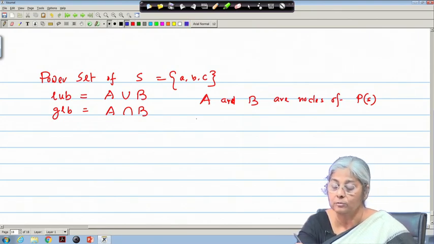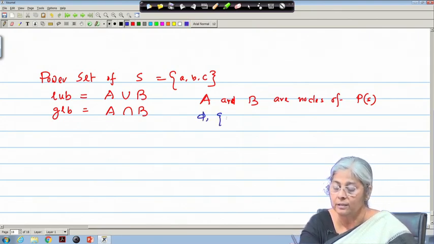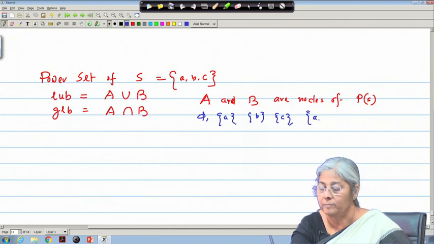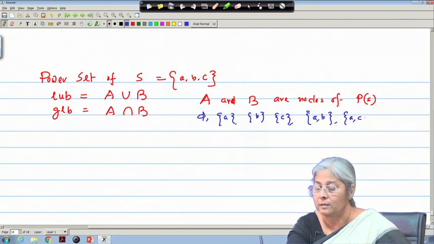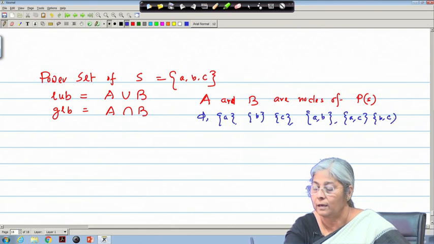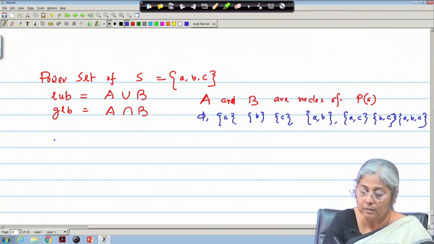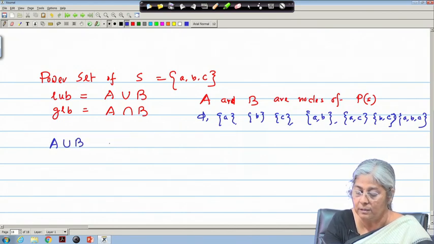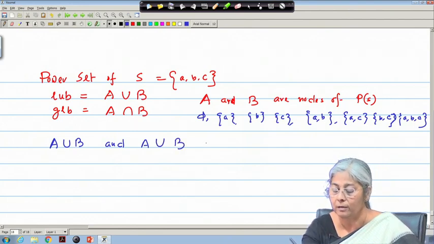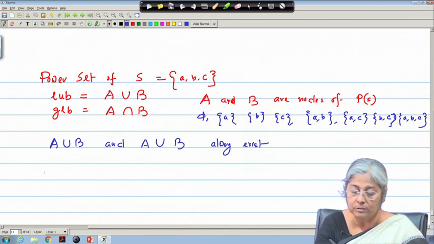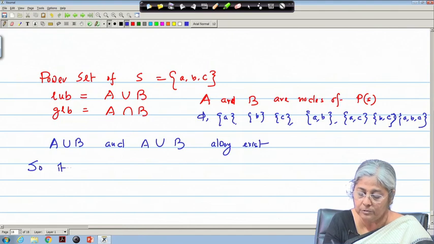The nodes are the empty set, A, B, C, AB, AC, BC and ABC. So, GLB and LUB always exist, so it forms a lattice.